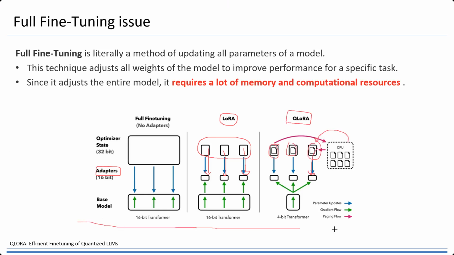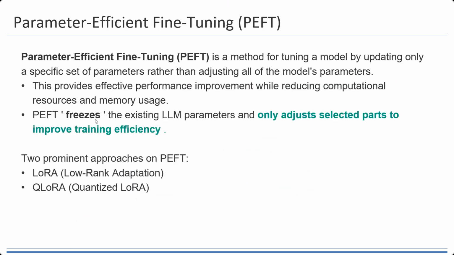So this is a picture to represent the base model. The base model is the model that you use for building your model. Now PEFT is a method for tuning a model by updating only a specific set of parameters rather than adjusting all of the model's parameters.